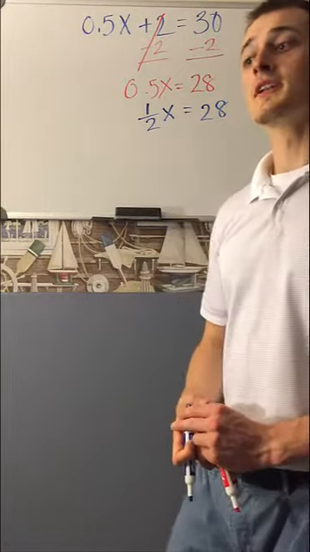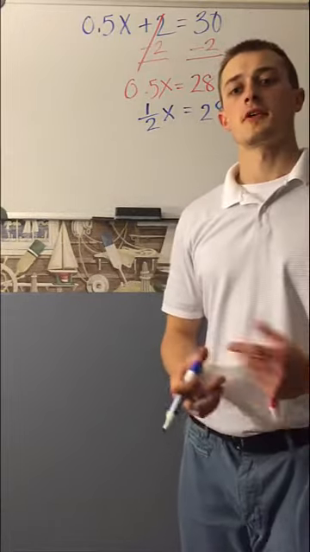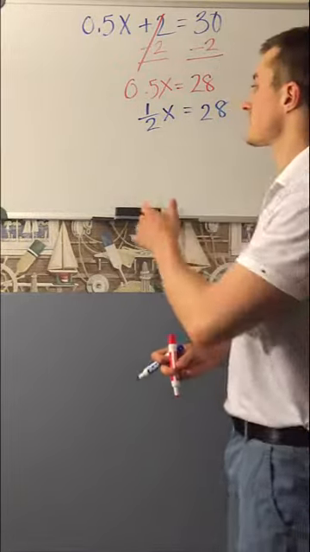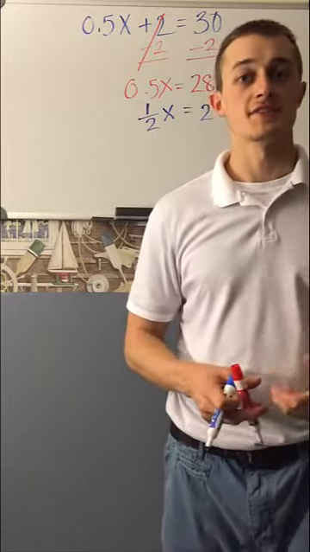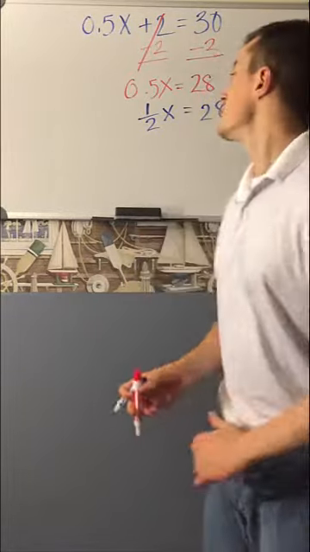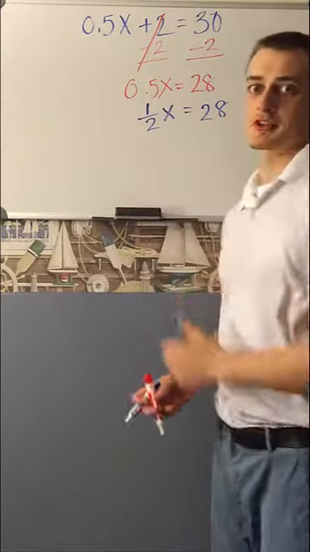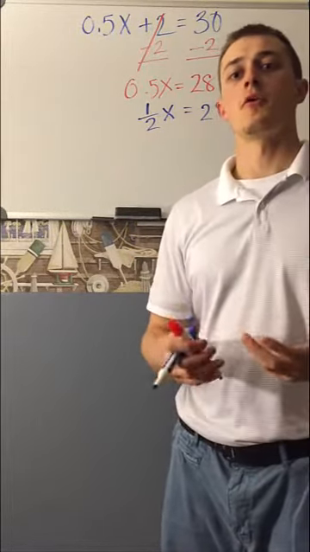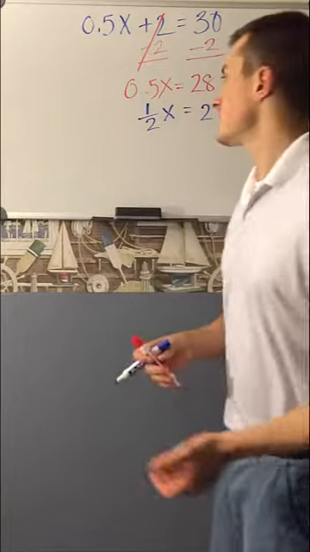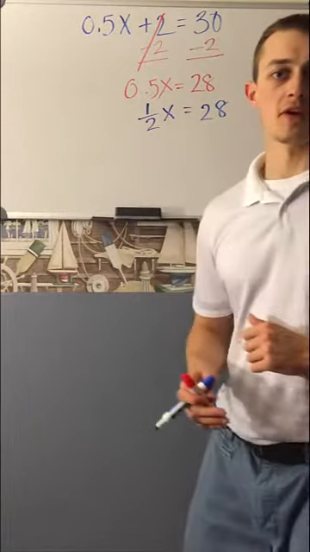Now before, what we've been doing with all of our problems is we've had something like 5x equals 28. We divide by 5 on both sides, and that's all well and good, but now this time we have a fraction in front of our x. So pause the video real quick and think about what you would do to get this 1/2 away from the x.